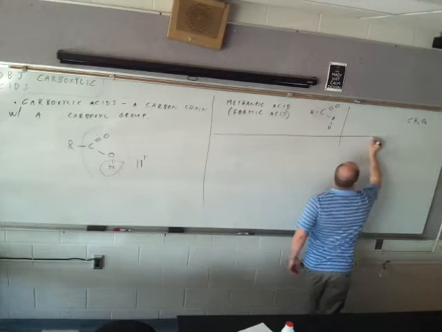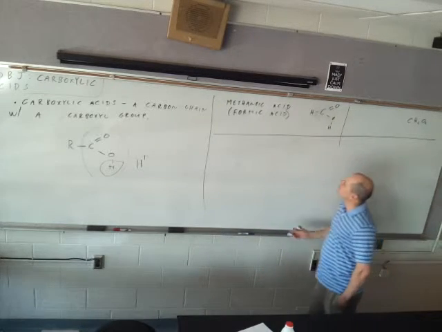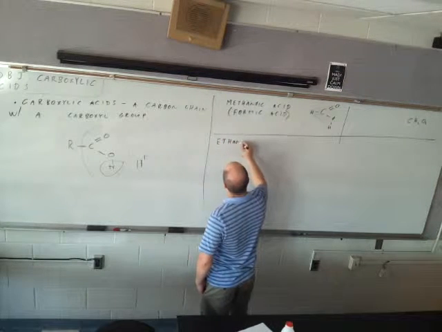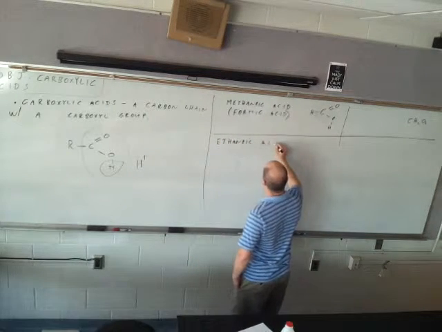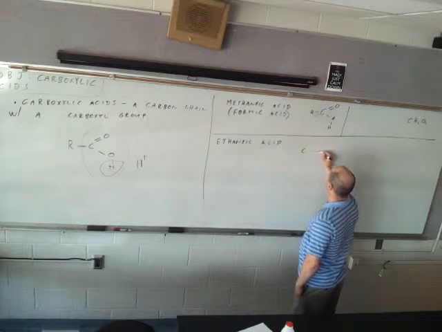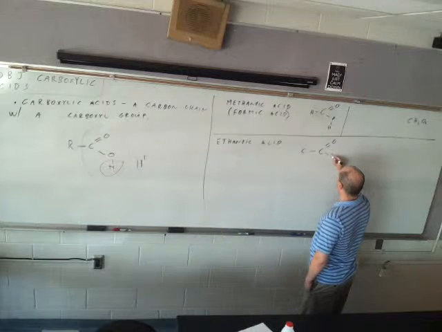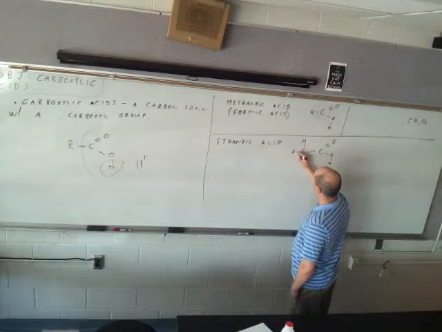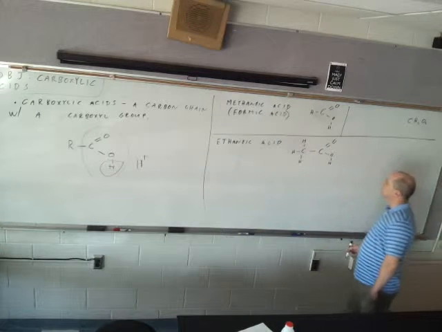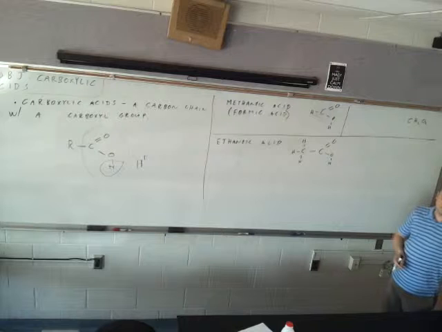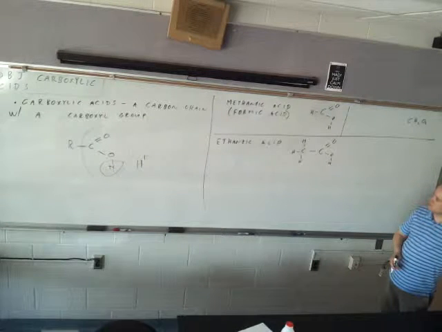All right, next one is ethanoic acid. So this one, of course, is going to have 2 carbons. And if you wanted to draw this the new way, go ahead.